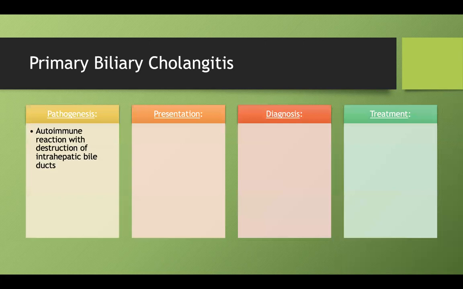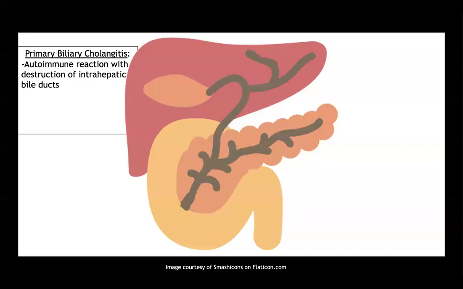So let's go over that. What happens here is that you have some sort of autoimmune reaction. Your body's attacking your own cells, and ultimately you're destroying your intrahepatic bile ducts. So what that'll look like is this region here, through an autoimmune reaction, will start to get damaged and destroyed because of this whole autoimmune process.